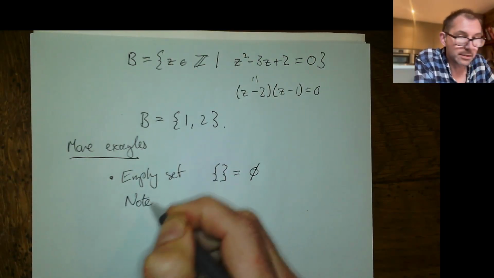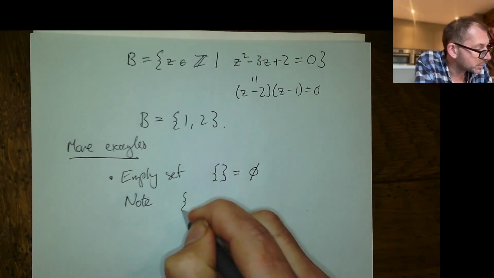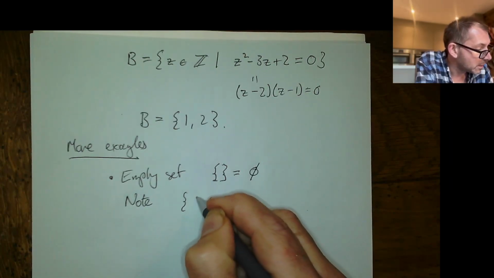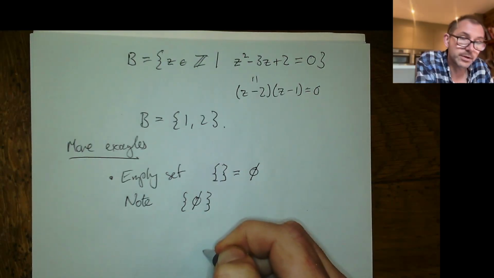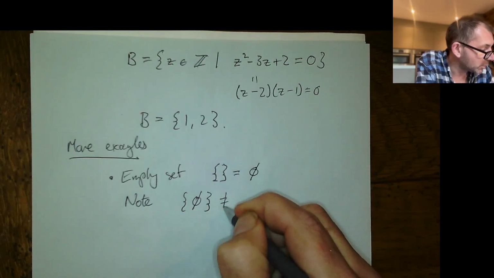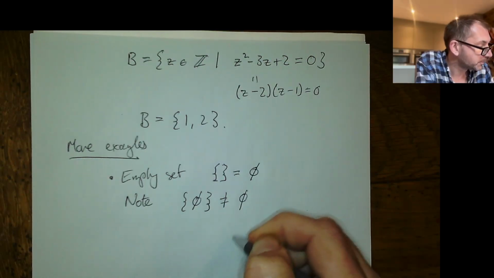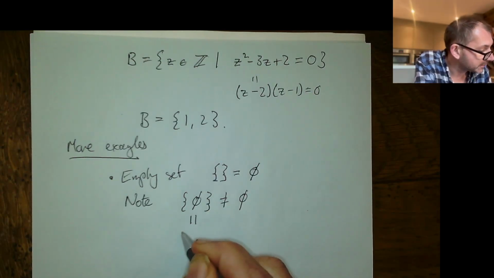Now, one mistake that always gets made is the following. If you want to describe the empty set, then you just give one of these descriptions, but this is not the same thing. This is not the empty set. It is, in fact, the set containing the empty set.